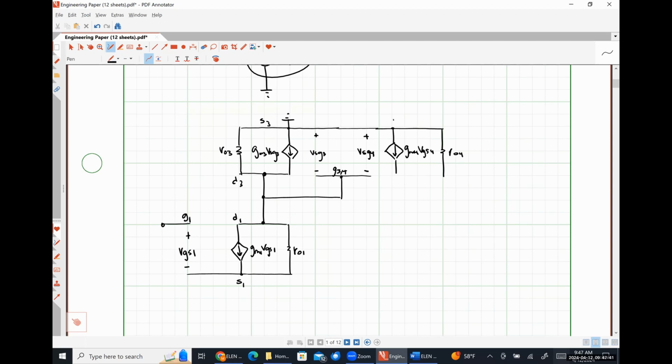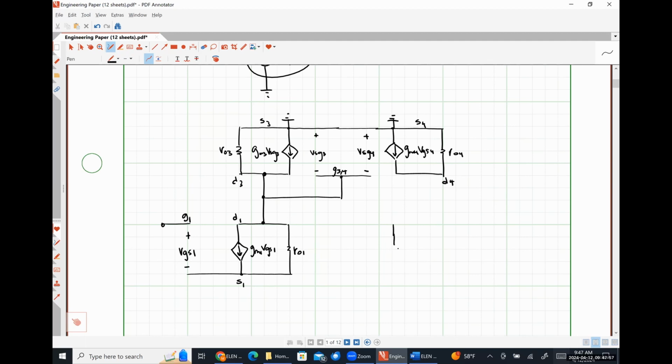Once again, the source of M4 is at ground. So this is the node S4. This node right here is the drain of 4. And so I've got that guy taken care of.